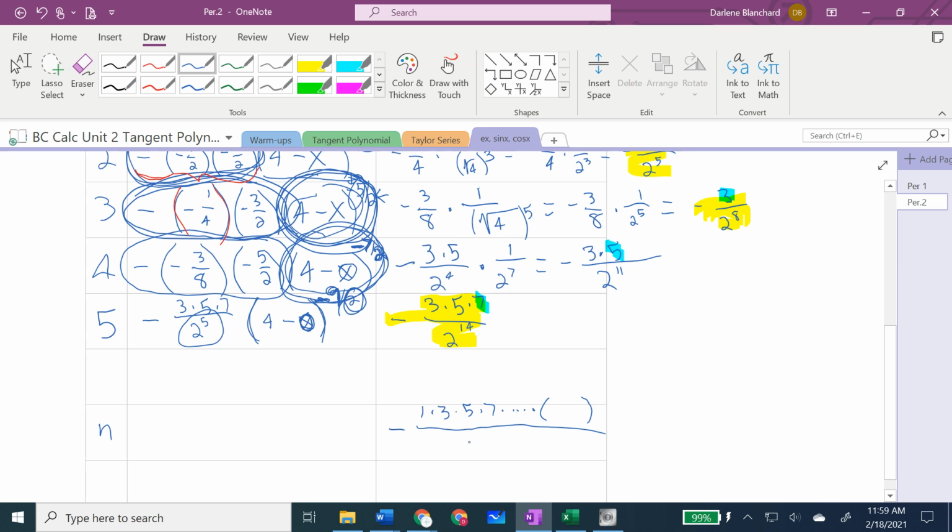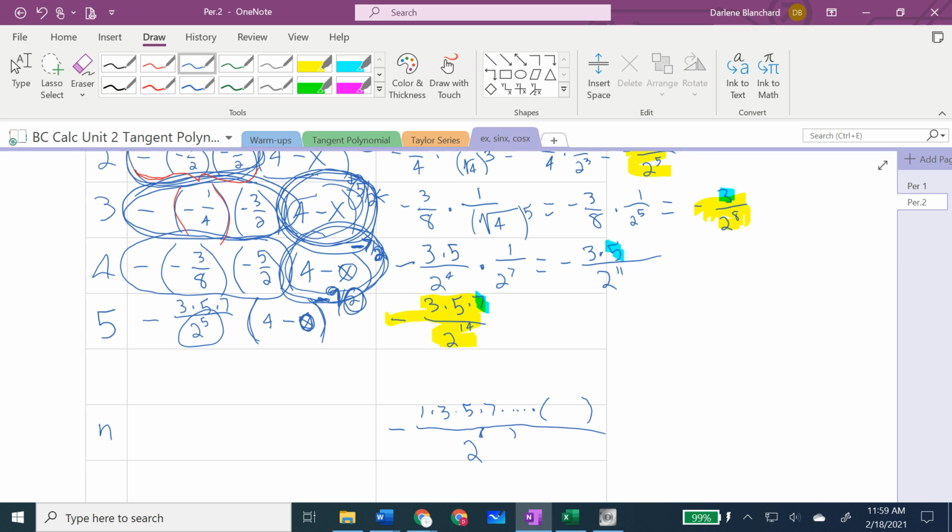In the denominator, we have 2 to the power of something. So once you see that that's what you have, you're now down to needing 2 formulas with an understanding of the pattern that you're using.